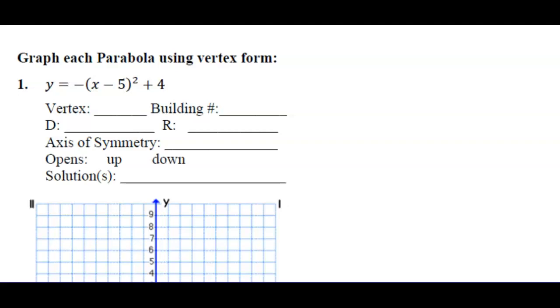All right. How do we figure out our vertex? The first thing we have to do before we can graph this parabola is to figure out our vertex. Our vertex was decided by our x value and our y value in our vertex form.